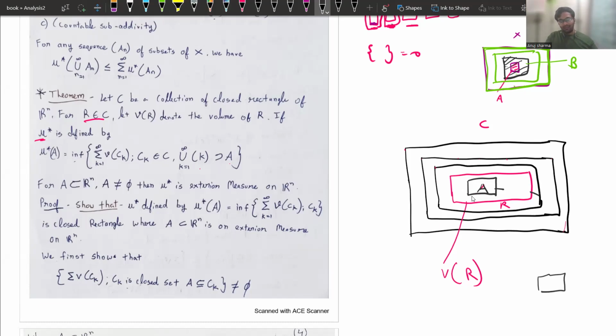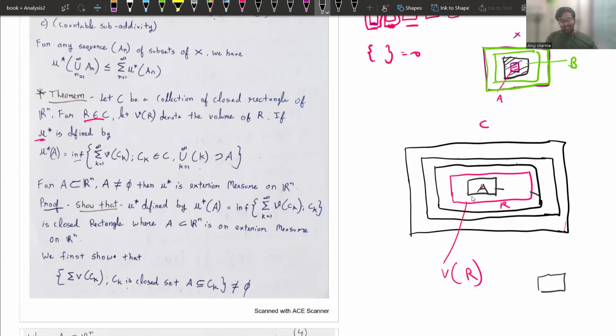And the infimum is the greatest lower bound. You take the summation, and when you start adding the volume of each of these rectangles, you take the smallest value.